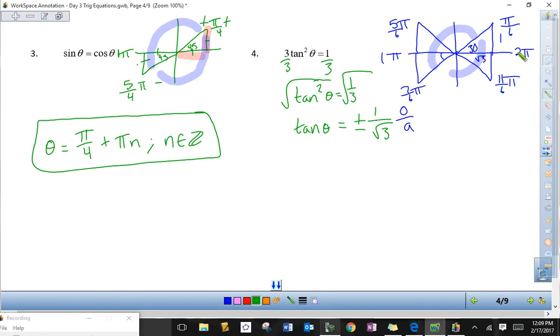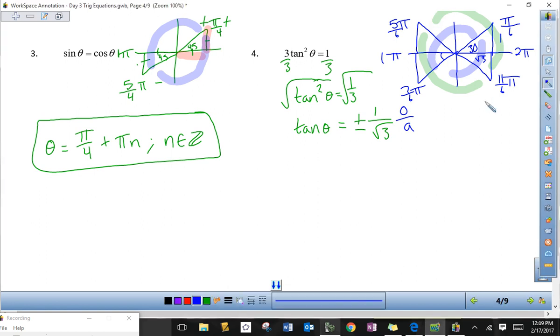That also works for my second solution over here in quadrant 2. I can add pi to get to my fourth, and I can add pi again to get back to the other. So there's a constant distance between at least my pairs of pi here.